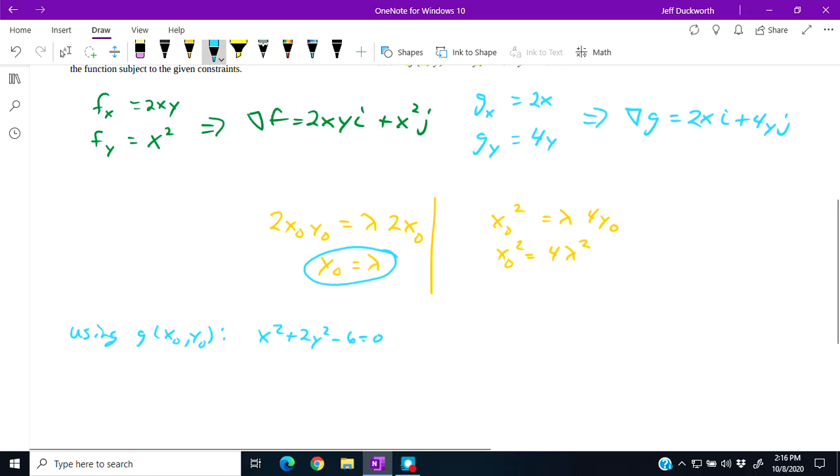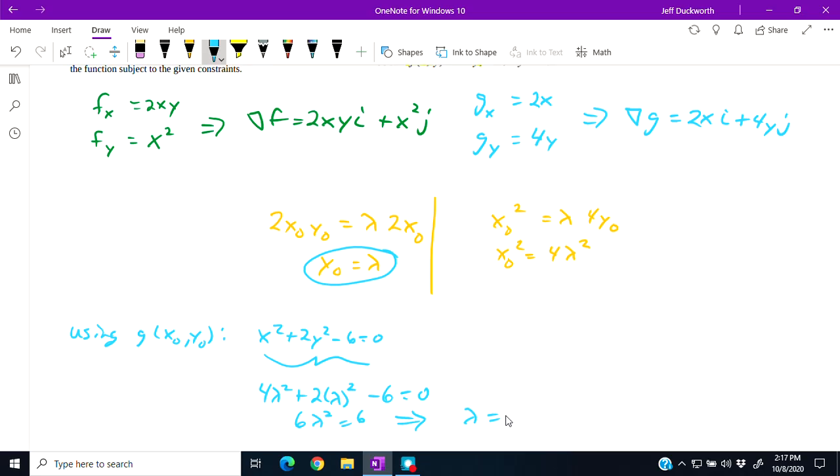So using the information we can substitute in, our y is going to be lambda, and our x squared is going to be 4 lambda squared. So this is 4 lambda squared plus 2 times lambda squared minus 6. That gives us 6 lambda squared equals 6. We get lambda squared is 1, which means lambda is plus or minus 1.